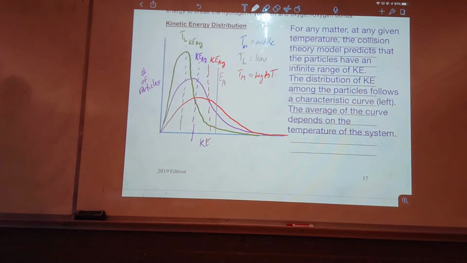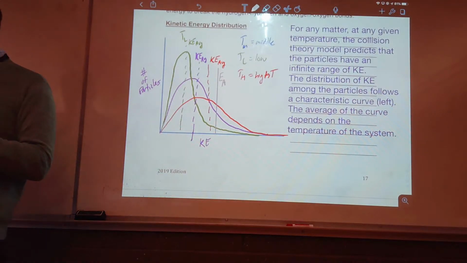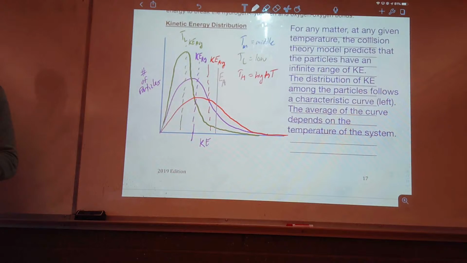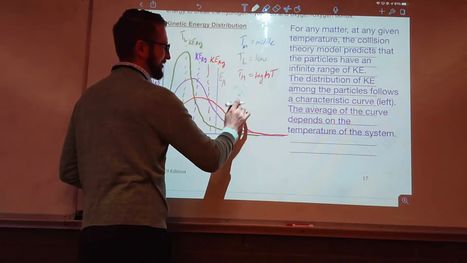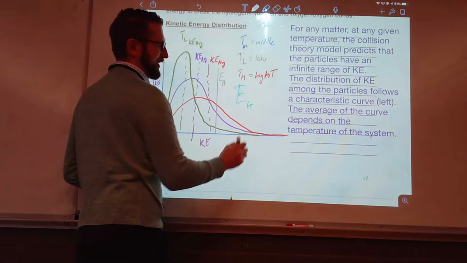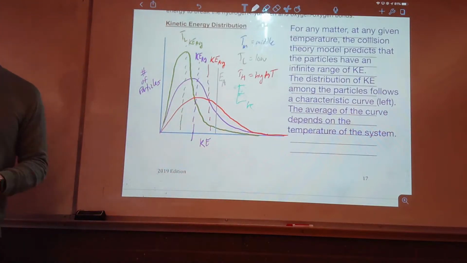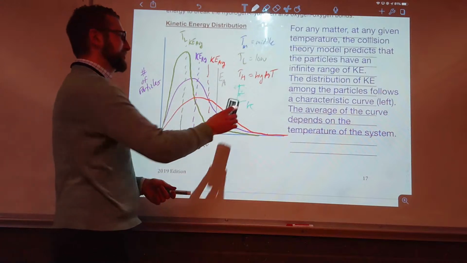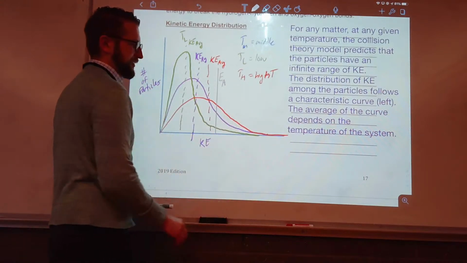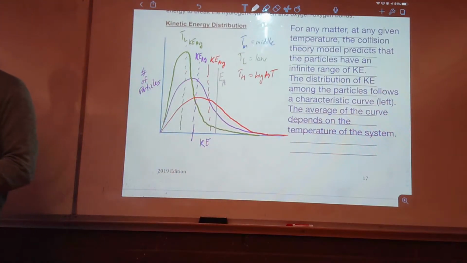So even for kinetic energy, most chemists would write E with a little K on the tail, like EK, as kinetic energy, and then always use E for energy. Yeah, they use EK, right?